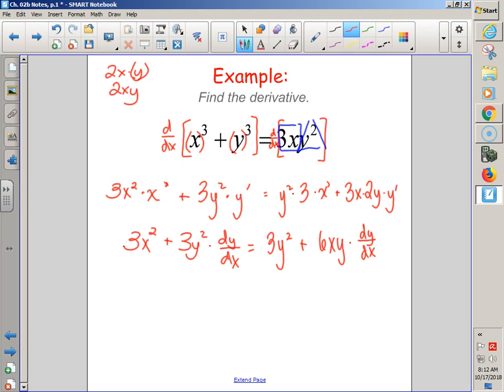So dy/dx still goes to both 3x squared and 3y squared? No. Because this only came in taking the derivative of this piece. Remember the sum and difference rule? We take the derivative piece by piece. And so this one had an x prime, which is just 1. This piece only needed a y prime, because the dy/dx had nothing to do with taking the derivative of x cubed. dy/dx, remember, is just the derivative of y.